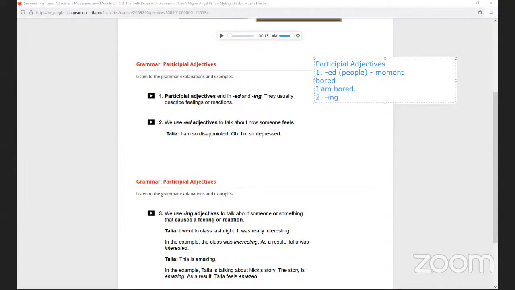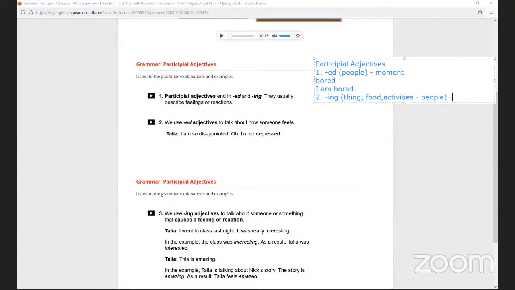But what happens if I use ing? Normally, as a general rule, we use ing when we talk about things, or maybe food, or activities. Most of the time this is the most common use of ing. But there are some cases where we can use it with people. Why?